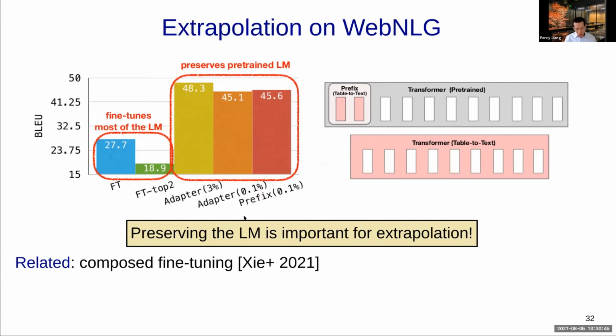So we have this intuition that preserving the LM is actually important for extrapolation, which is a really important thing to ask our models to be able to do. A related paper from ICML was composed fine-tuning, which strengthens this evidence that preserving the language model is good and has some theory in there as well.